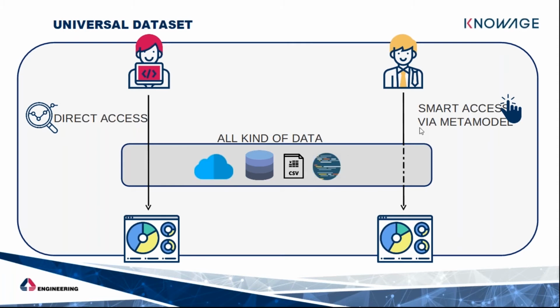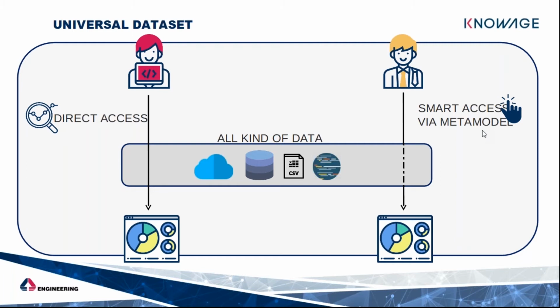On the other side, we have the end user, the one that we think has no particular knowledge of IT, but we want to give him or her smart access to the data through a middle layer that we call meta model. The meta model can be thought of as a simplified version of a data source.